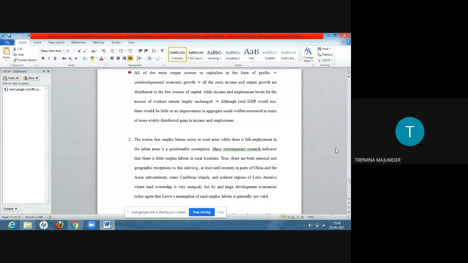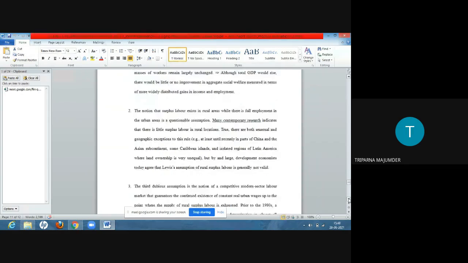True, there are both seasonal and geographic exceptions to this rule. For example, until recent times in parts of China and the Asian subcontinent, some Caribbean islands, and isolated regions of Latin America, where land ownership is very unequal. But by and large, development economists today agree that Lewis's assumption of rural surplus labor is generally not valid.